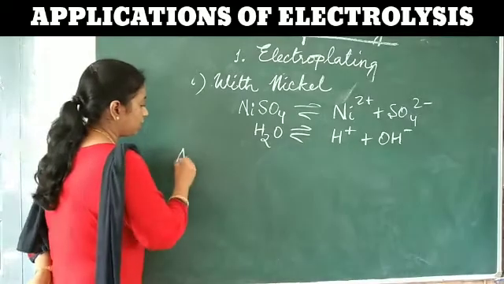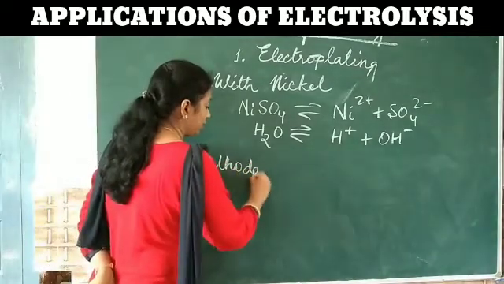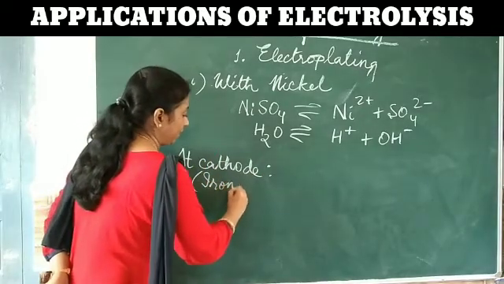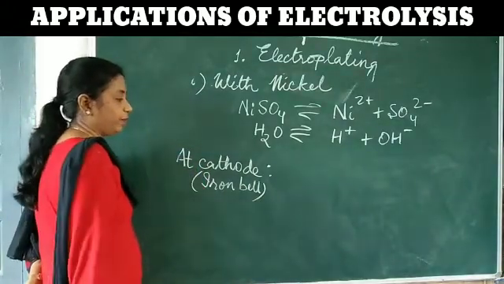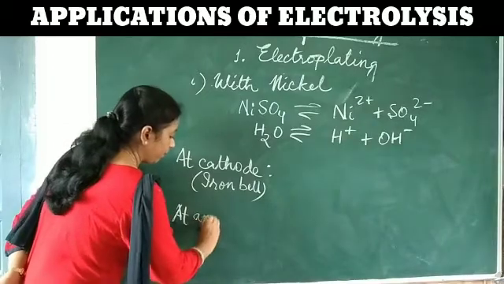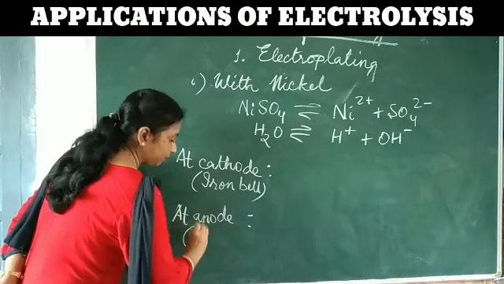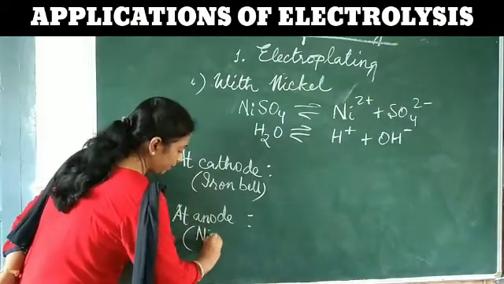Then we come to the cathode reaction. What is the cathode here? The iron bell is the cathode. And what will be the anode? The anode will be a pure thin strip of nickel.